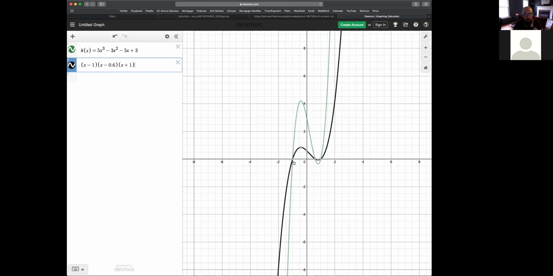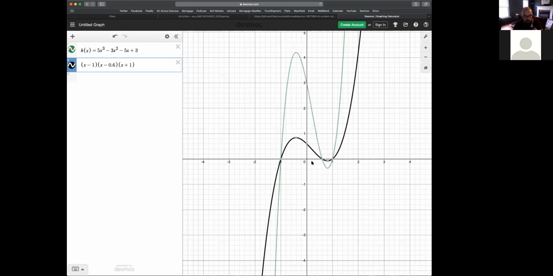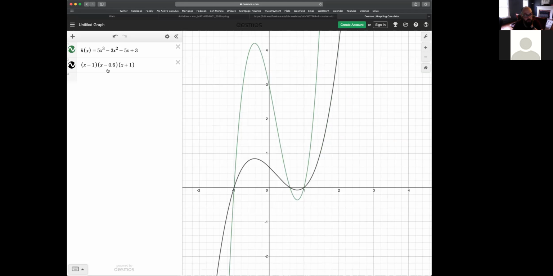Right, so x plus 1 goes along with negative 1, x minus 0.6 goes along with this one, and x minus 1 goes along with that one. It looks like these are the right zeros, but the black line and the green line look different to me.